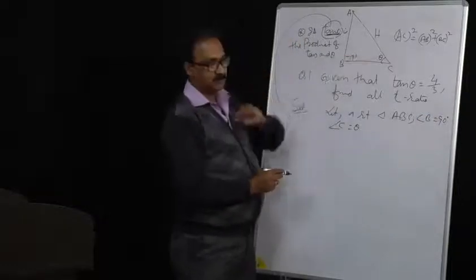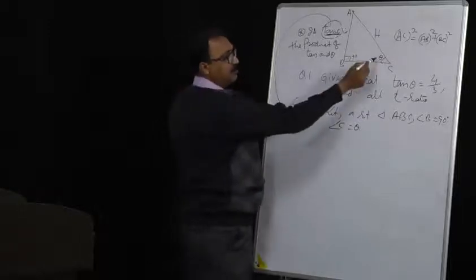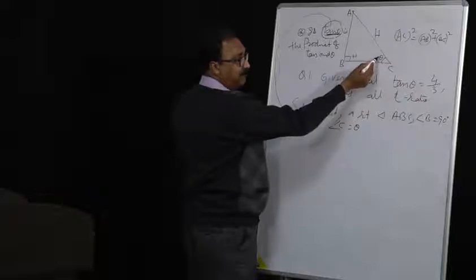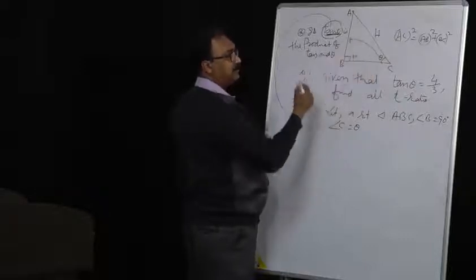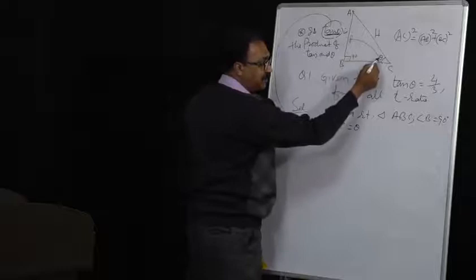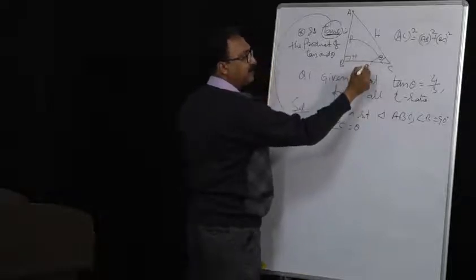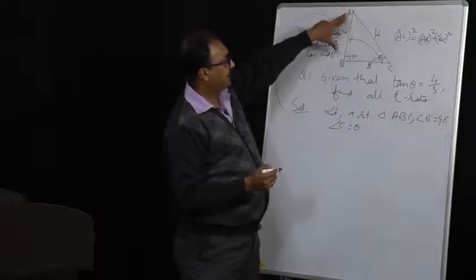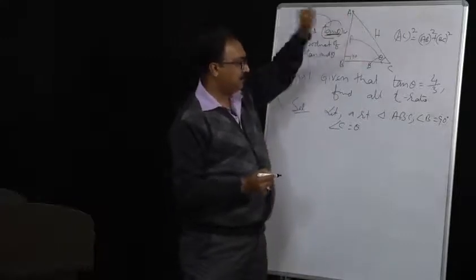According to theta, what we told earlier, the opposite side of the acute angle is the perpendicular, and the adjacent side which is nearby, except the hypotenuse, is called the base. So in this triangle, this is perpendicular, this is base, this is hypotenuse.